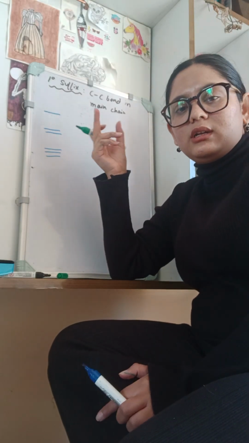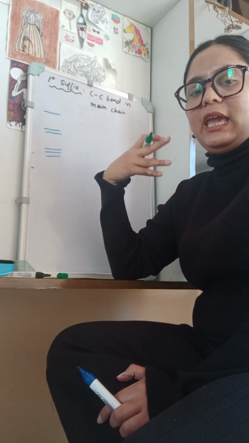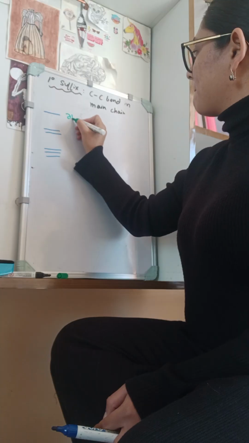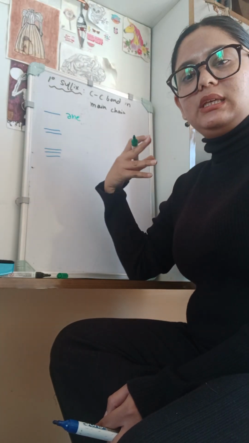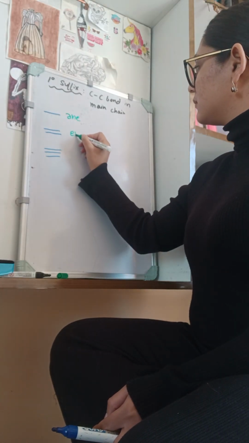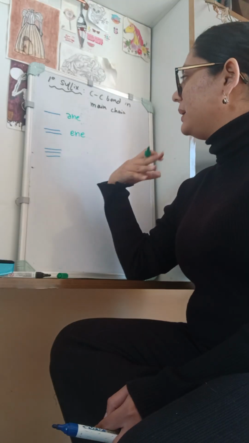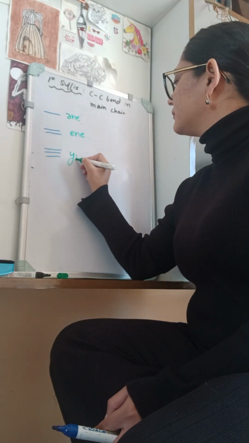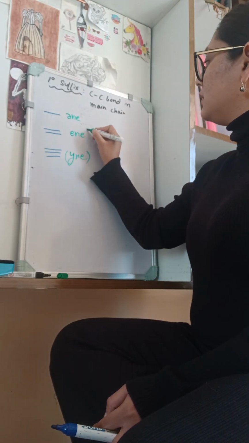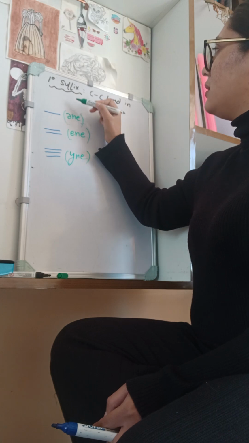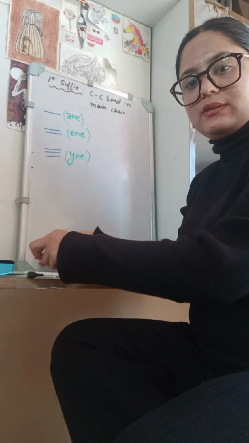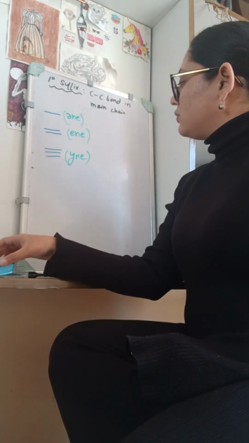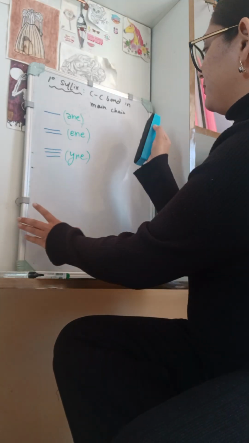Single bond will be ane, double is going to be ene, and triple is going to be ine. These are the representations for primary suffix. Now we'll do rules of nomenclature.